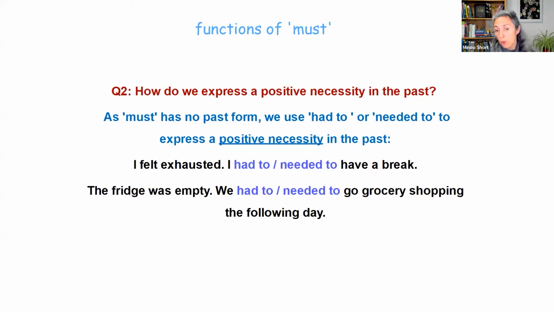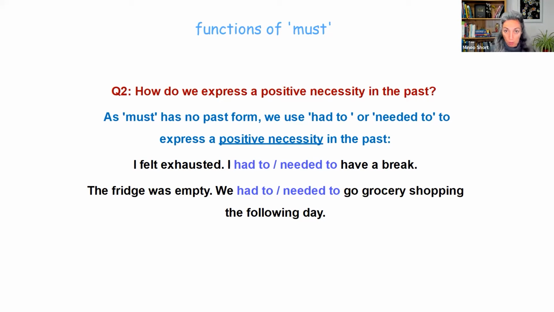Must has no past form, so we use the synonyms, have to and need to. So we say, I felt exhausted. I had to have a break. I needed to have a break. Or the fridge was empty. We had to go grocery shopping the following day, or we needed to go grocery shopping the following day.